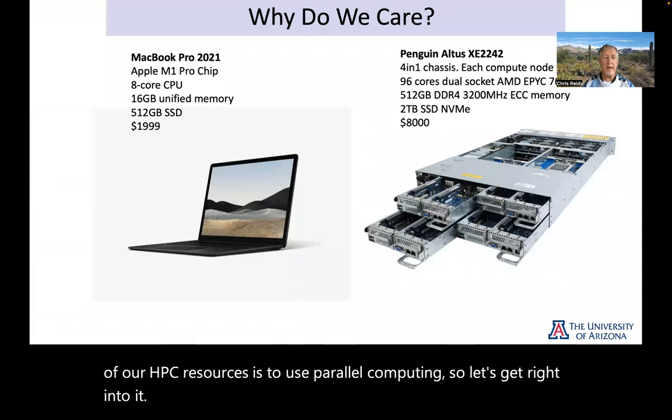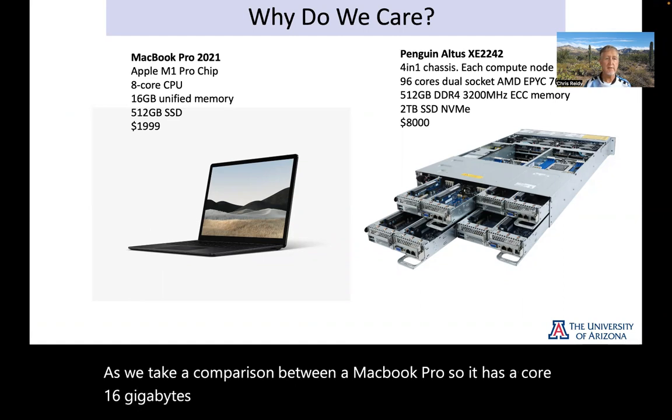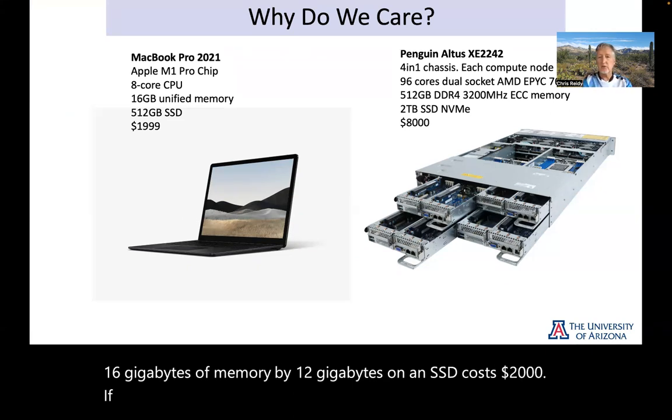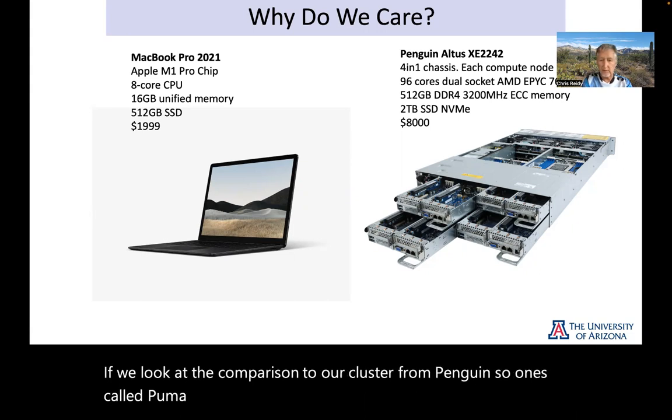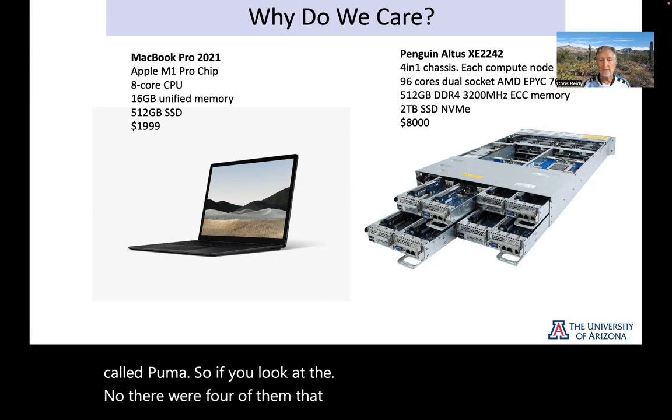As a comparison, a MacBook Pro has 8 cores, 16 gigabytes of memory, and 512 gigabytes on an SSD, and costs $2,000. Now, if we look at our cluster from Penguin, this one's called Puma. There are 4 nodes slid out in various stages.